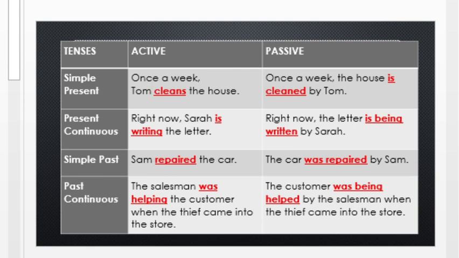So moving on to passive for past continuous, you have to add the word being in between was or were plus the ed form of the verb. For example, we have here the customer was being helped by the salesman when the thief came into the store. Meaning to say it was perfectly done in the past. Meanwhile, in active, it just happened somewhere a few minutes or a few hours in the past. That's the difference.